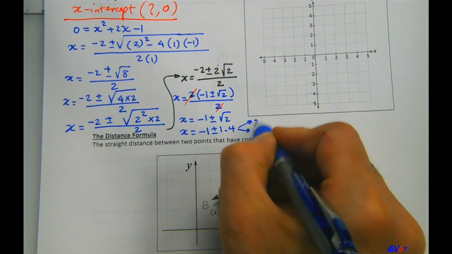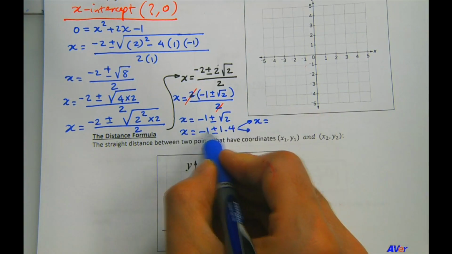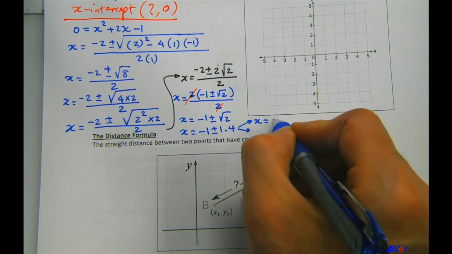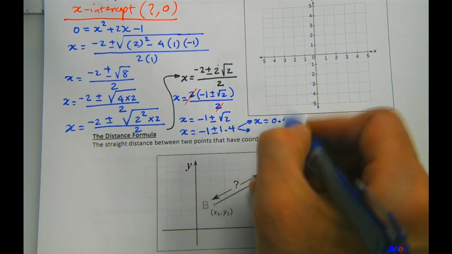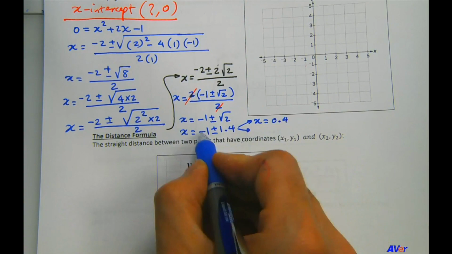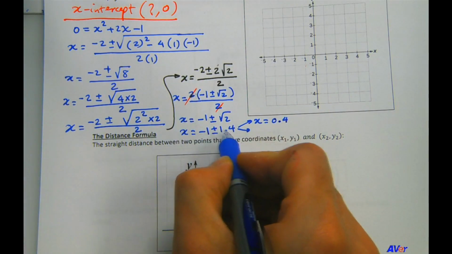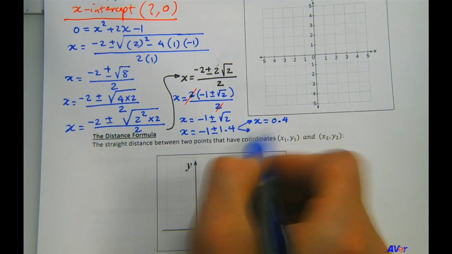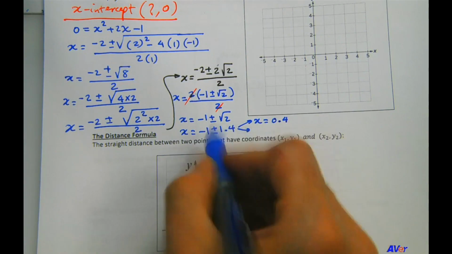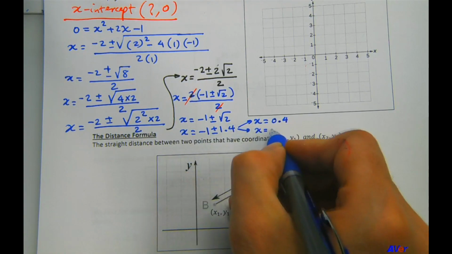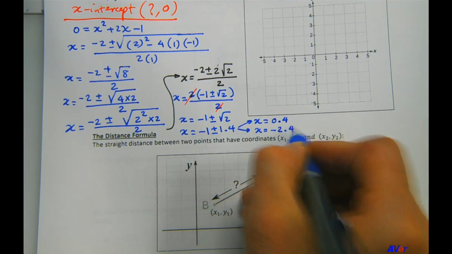Therefore, -1 plus 1.4. What do we get? We get positive 0.4, right? That's -1 plus 1.4, we get positive 0.4. How about -1 minus 1.4? We get another x value, which is -2.4.